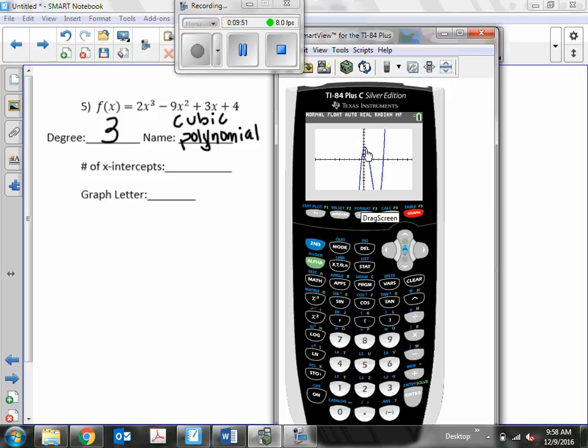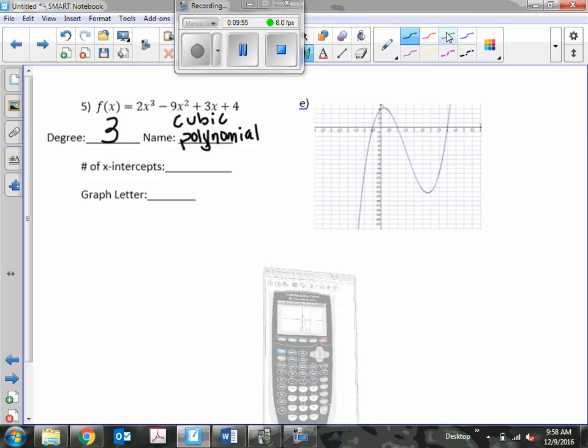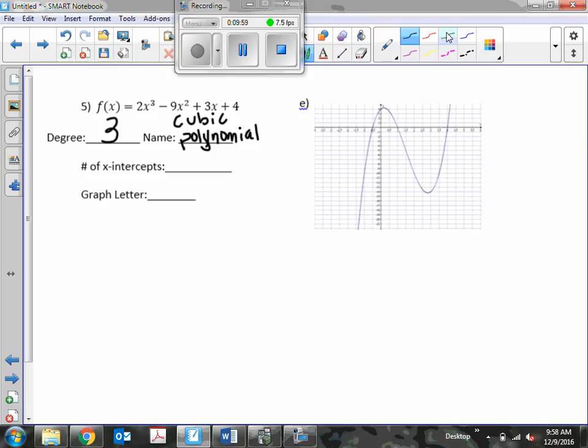We see that it goes up, goes down really far, and goes up again. So the matching graph would be letter E. We then need to identify the number of x-intercepts, and we see that it has 1, 2, 3 x-intercepts because it crosses the x-axis 3 times. Try the last one.